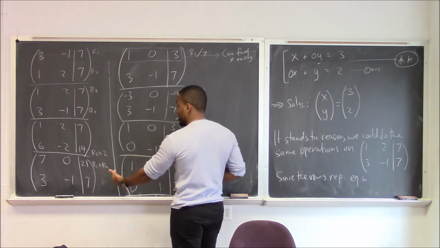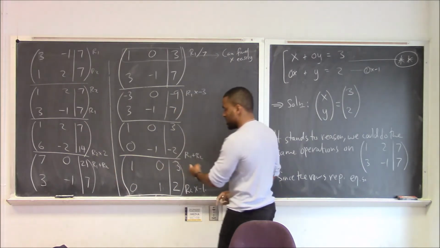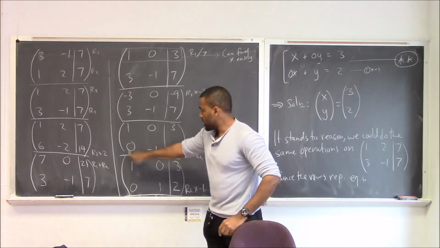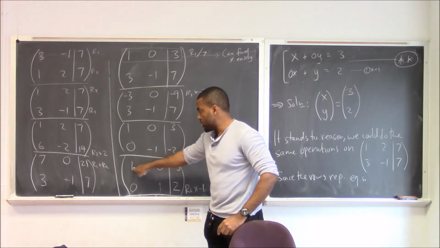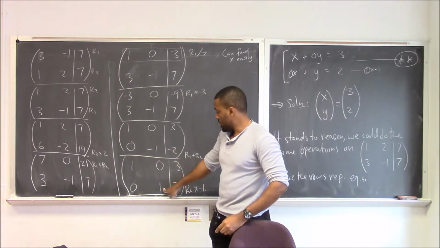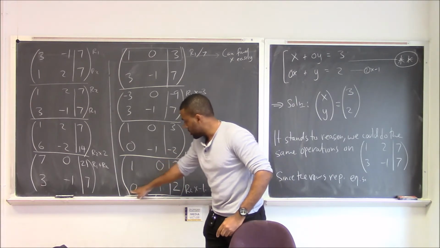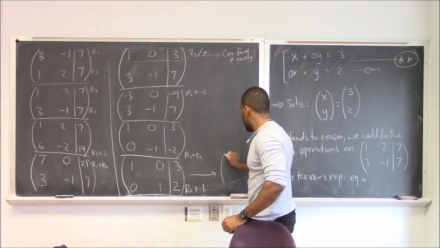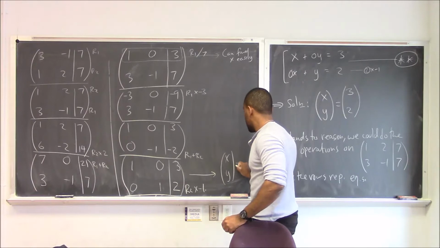Once you have this array of numbers, you can literally just look at it and know what the solution to the system is, right? The number in here is the coefficient of the x value. Clearly from row 1, my x is 3. The coefficient here is the number of the y values. Clearly from row 2, my y is equal to 2. So right here, I can say my xy is equal to 3, 2.